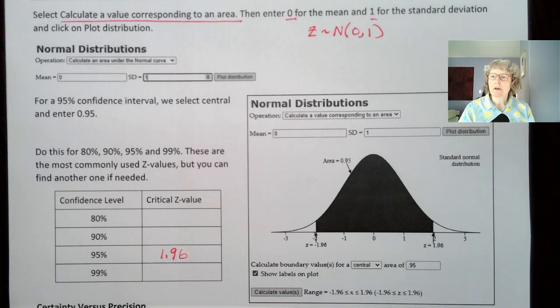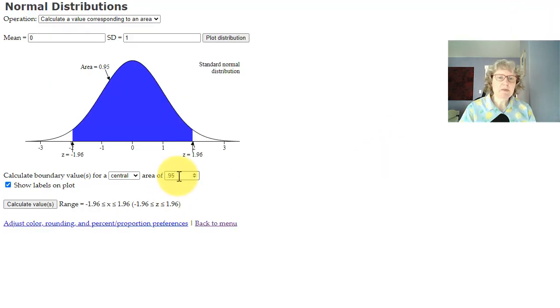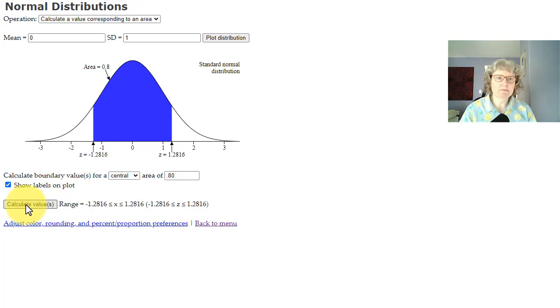Okay, let's go back to Stapplet and do the 80. So we can keep everything the same, but change our area to 0.80. Okay, so 80, it should come in, right? Because 80 is less than 95, so it should come in towards the middle.